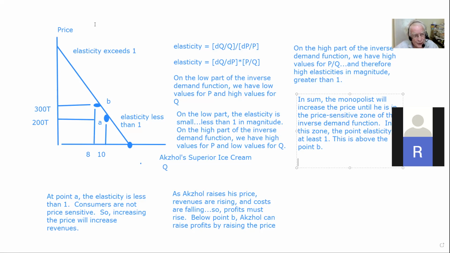So in short, a monopolist will never place its price at a point where consumers are not sensitive to price increases. It pays the monopolist to raise its price until consumers begin to object, and then it stabilizes the price.